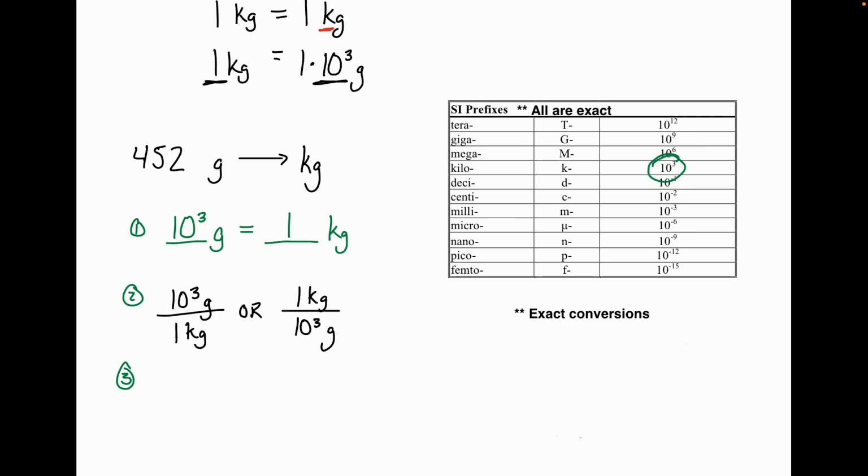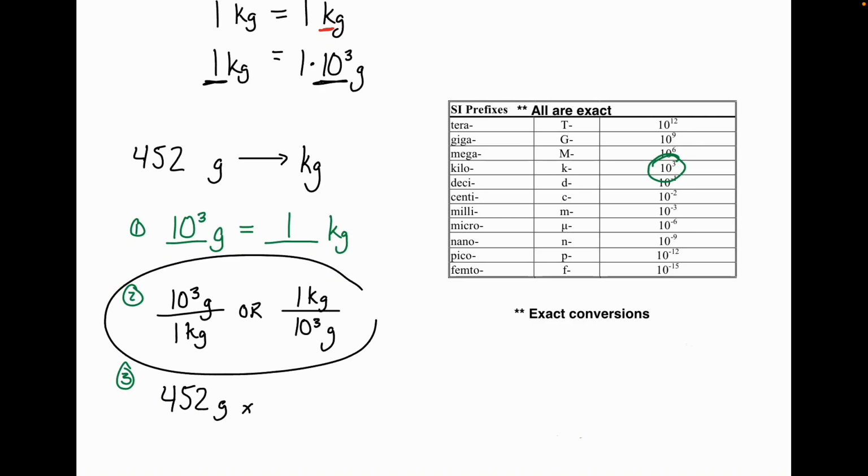All right? And so now step 3, we're going to take our original value and multiply it by one of our 2 conversion factors. So I'm going to start out with my 452 grams, and I'm going to multiply it by one of these 2 conversion factors here. And I've got to pick which one I'm supposed to be using. How do I determine which one I use, the one on the left or the one on the right?